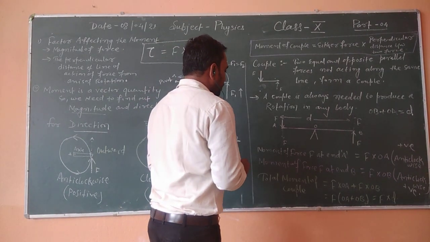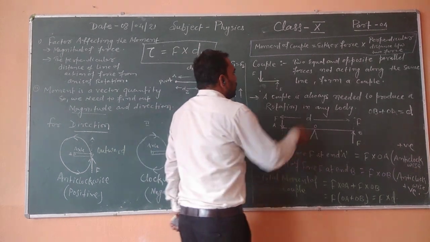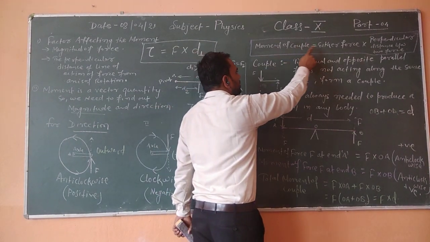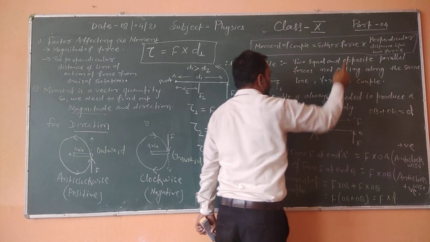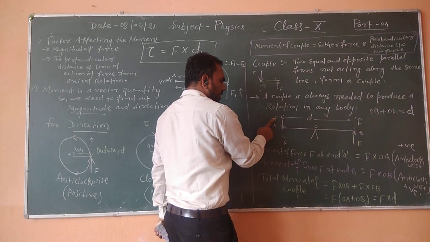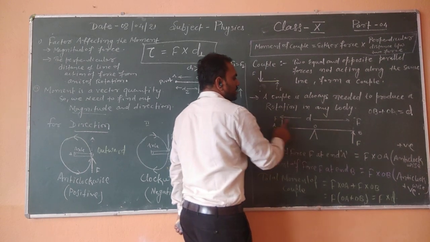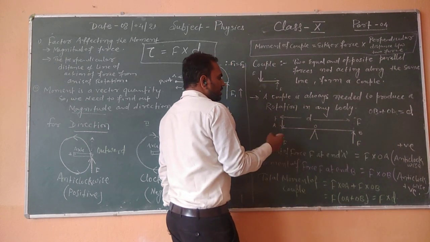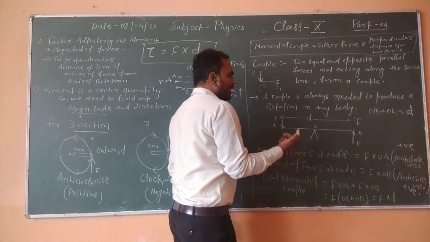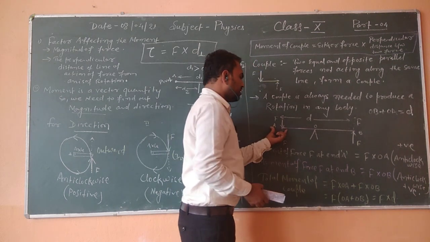We find that the moment of a couple is equal to either of the forces. Either of the forces means we can take either this force or that force, because they are the same in magnitude but opposite in direction. Only direction is opposite, magnitude is same.